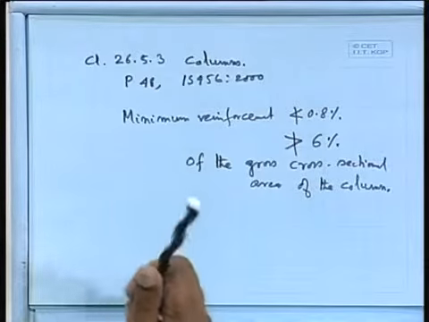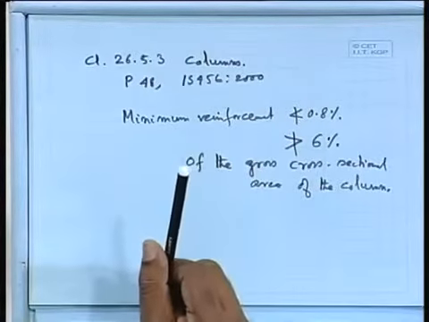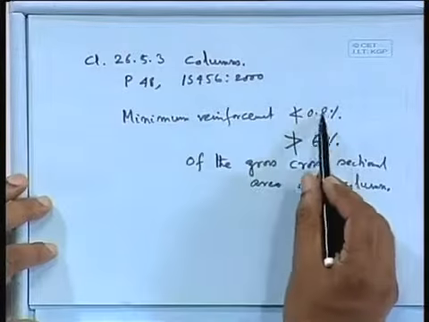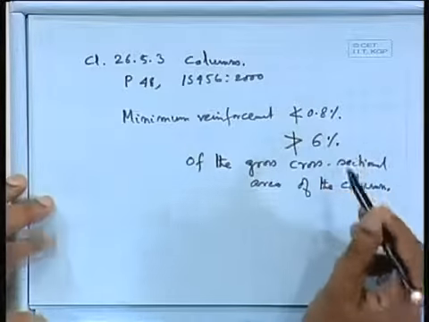So in practical cases, for 250 by 250 section, we can provide 6 number of 12 bar, then it is coming 1.02%, though it is a little more than 0.8%, but that is the one we can provide.